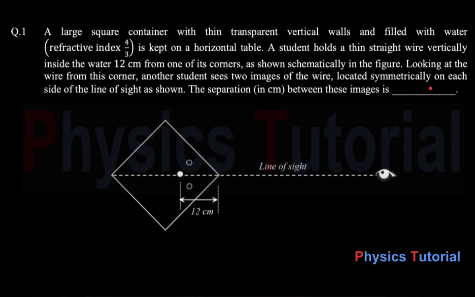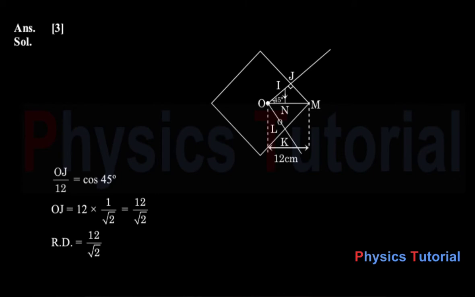Some ambiguity is there and officially it is also not yet clear. So we are quoting the result as 3, considering perpendicular, although we'll discuss 4 or 5 also to justify our answer.